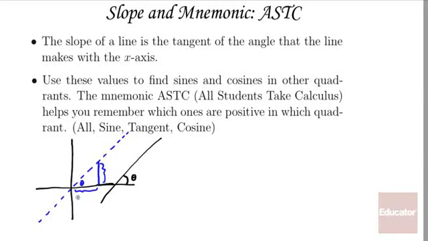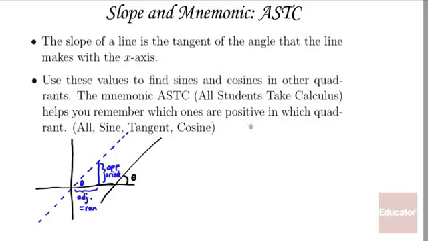And the adjacent side is equal to the amount that the line is running over. So that's the run. And the opposite side is equal to the rise that the line makes in that triangle.